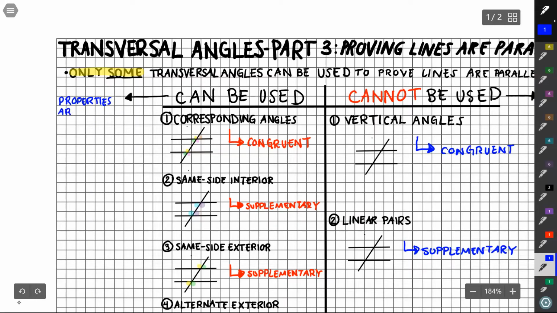are true only if they are made with parallel lines.